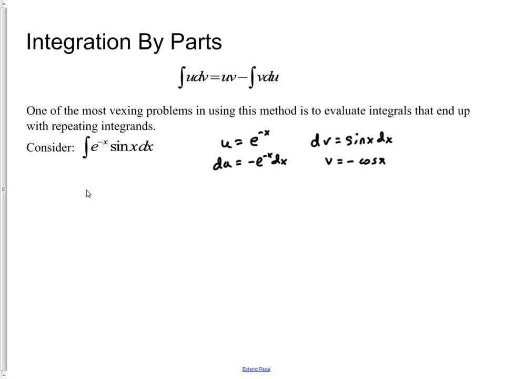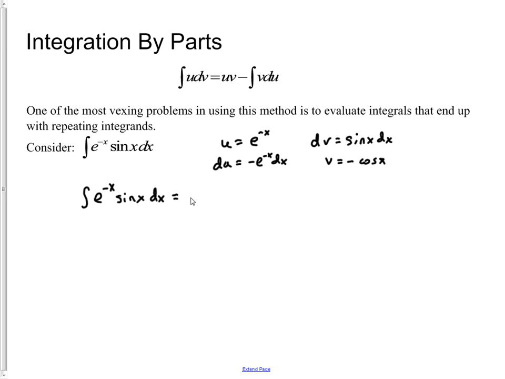So we're going to end up with this expression for our integral of e to the negative x sine of x. By the way, you'll notice that I'm writing this whole expression out. There'll be a reason for that in a minute. So what happens?